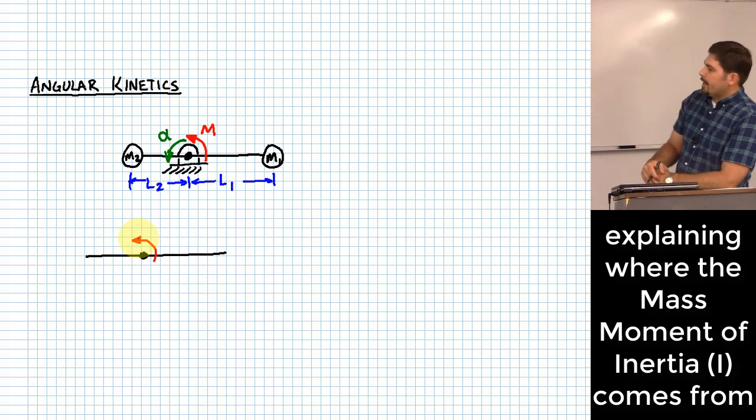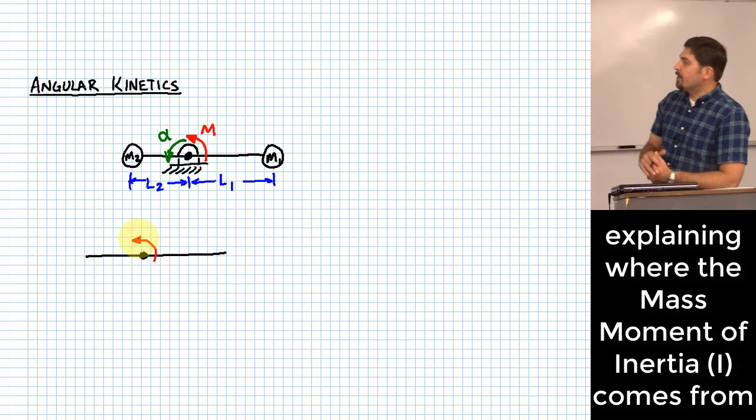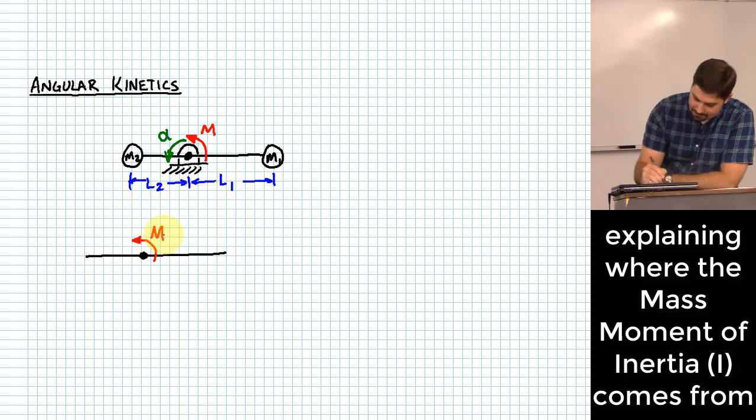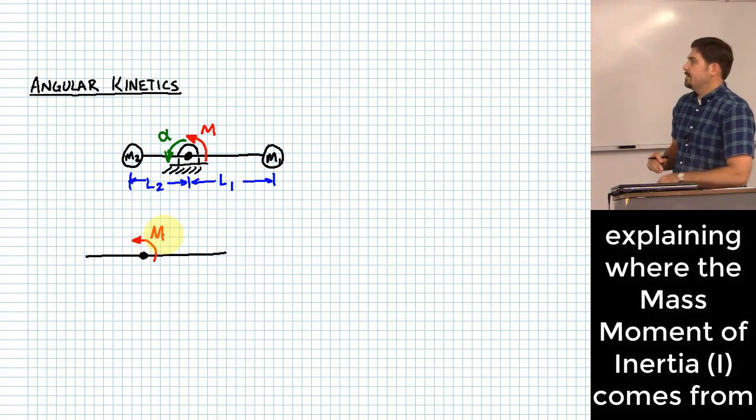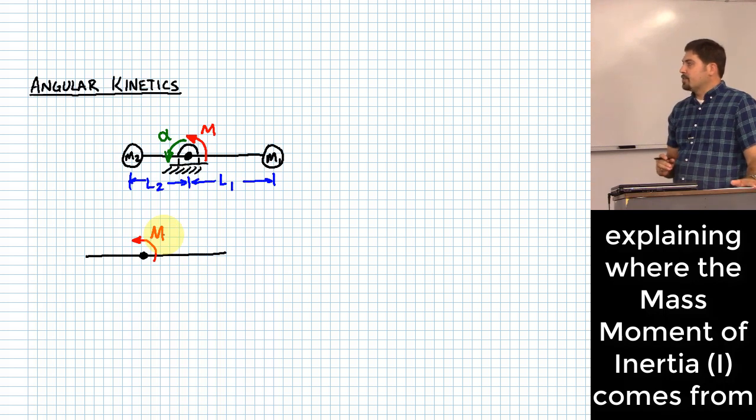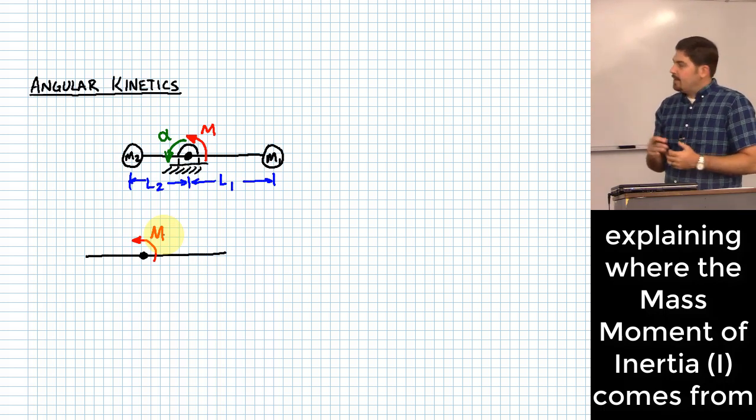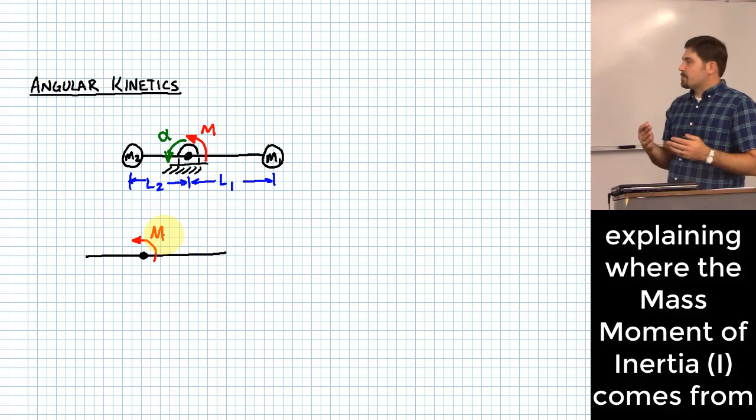If it is a massless rod, then under this moment of M it will accelerate uncontrollably, because there's nothing to slow it down. There's no mass that it's actually accelerating. So that must not be what's really happening.